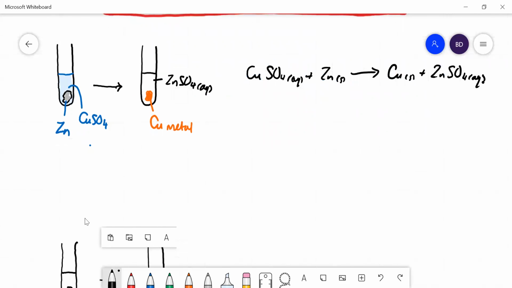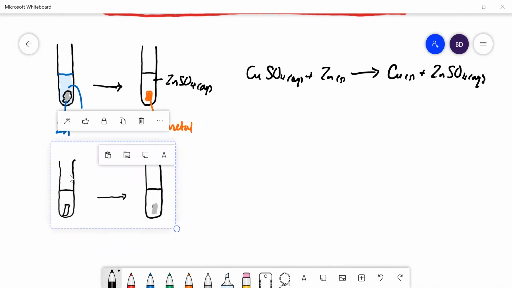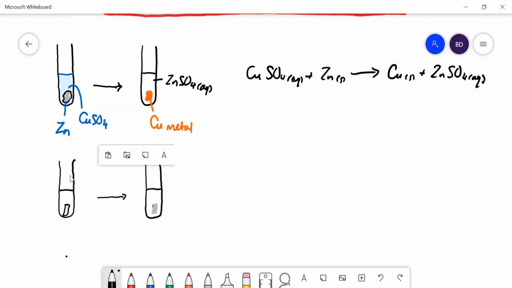I've got another one here, not quite as colorful. What we have there is a piece of silvery magnesium ribbon in a solution of zinc sulfate. Magnesium is more reactive than zinc, so it's going to push the zinc out of the zinc sulfate.